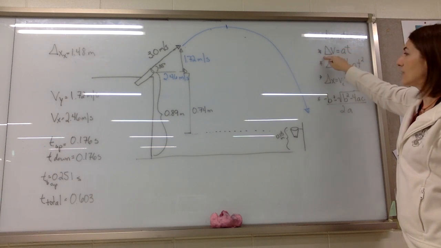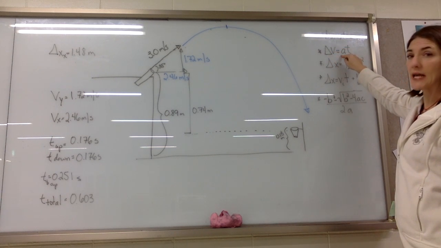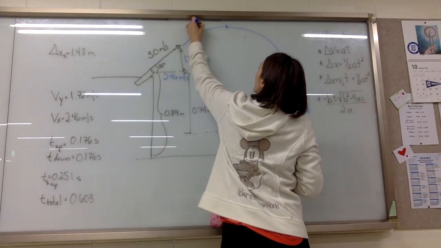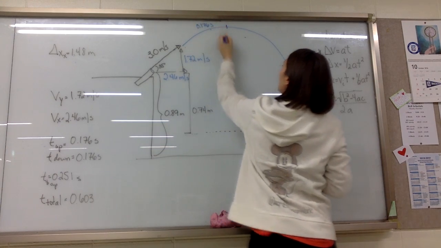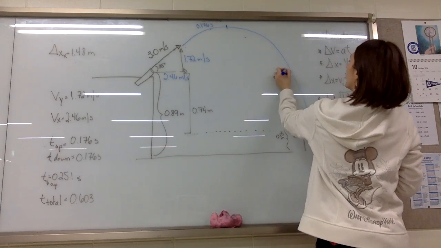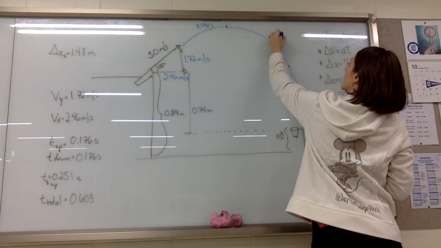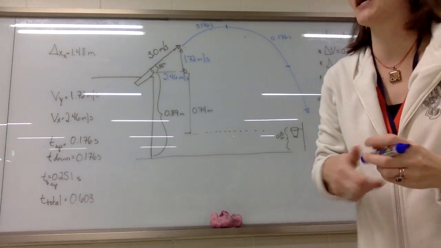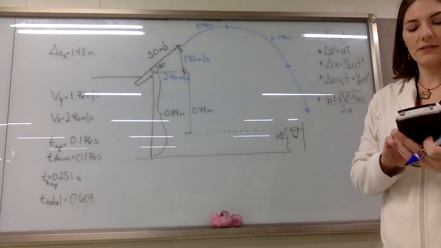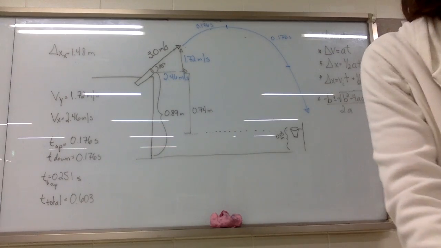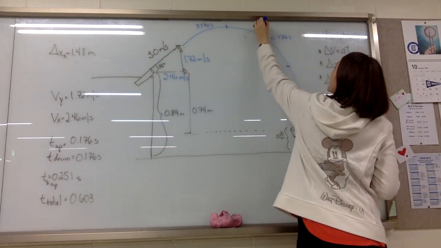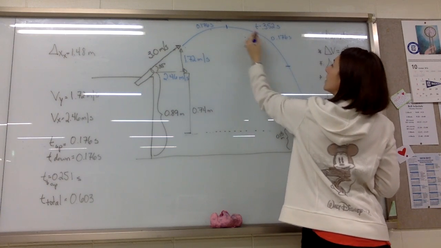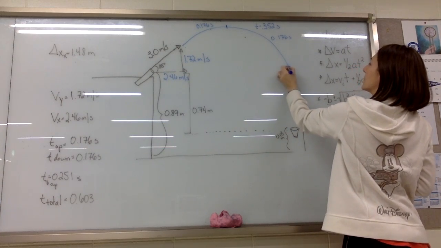If we take that negative 1.72 divided by negative 9.8, we get a time of 0.176 seconds to go up, and then 0.176 seconds to come back down. So the total up and down time would be 0.176 times 2. So it takes 0.352 seconds for it to go all the way up and come all the way back from where it was initially shot.